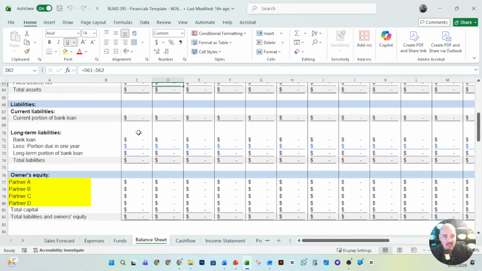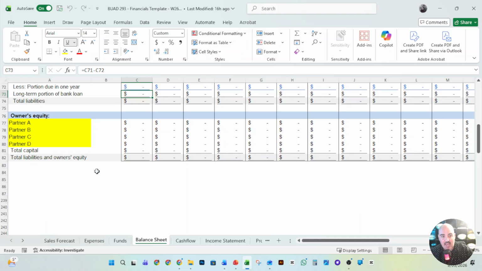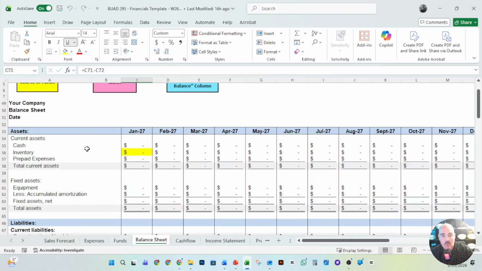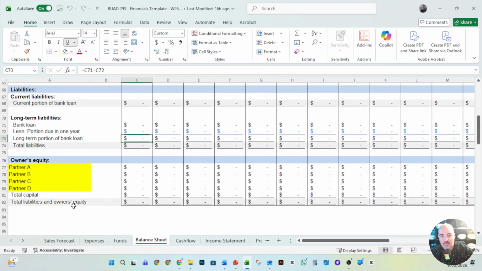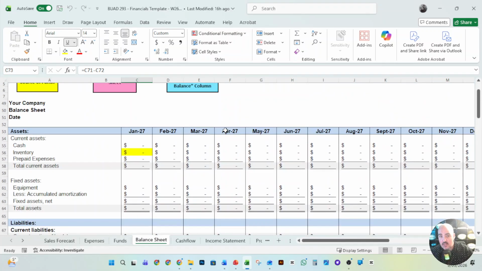Then we've got our bank loans, how much we're paying back, how much we still have to pay. Then we've got our owner's equity as well. So basically, guys, we're looking at our assets, what we own, our liabilities, what we owe, and how much money people have put in. And we want to project that out over the 2 years here.